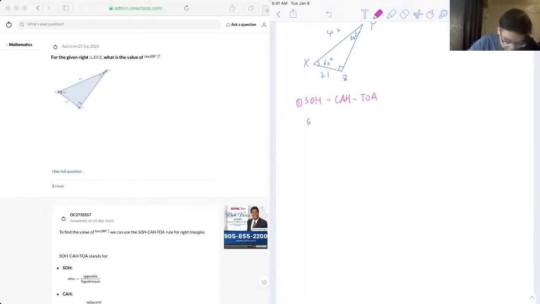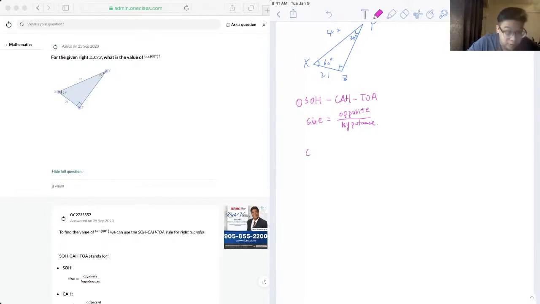Sine is equal to opposite over hypotenuse. So that's where the SOH comes from.